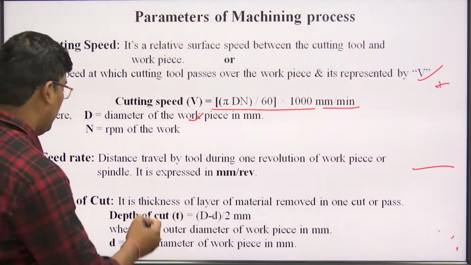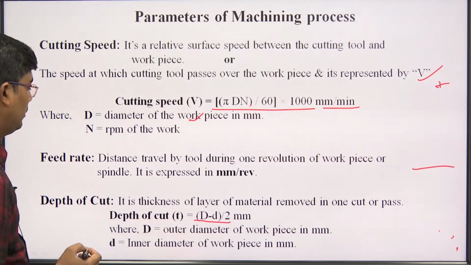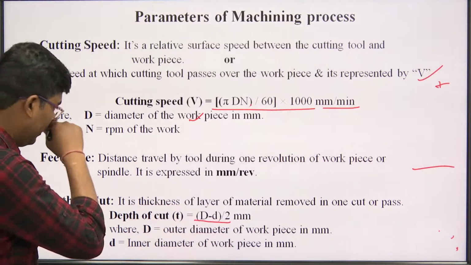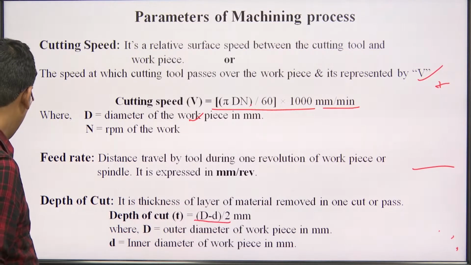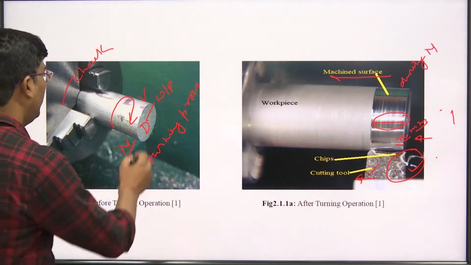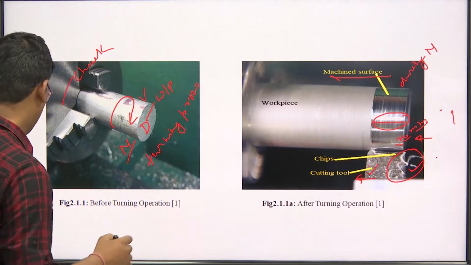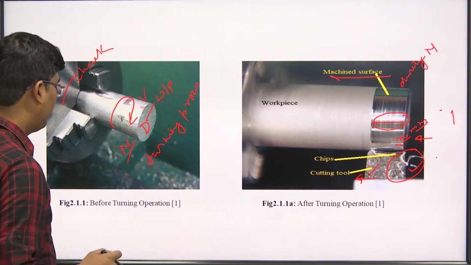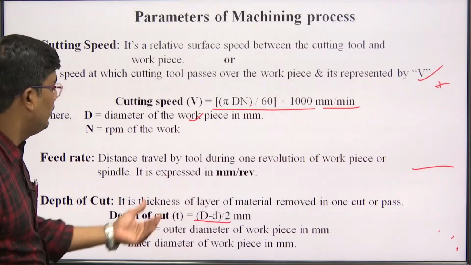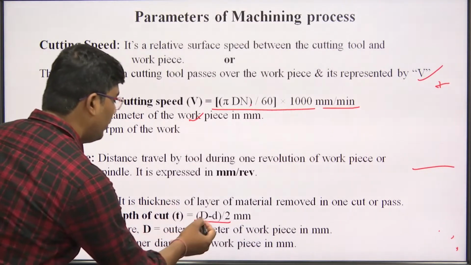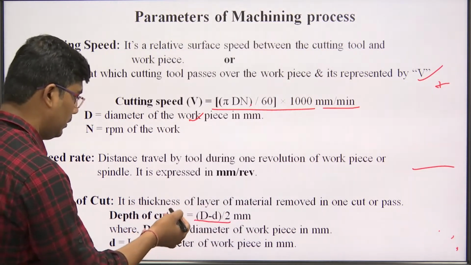It is calculated by D minus small d by 2, where D is the initial diameter and small d is the final diameter. After machining, we obtain a new surface, and that diameter will be reduced by some delta, in terms of the thickness.